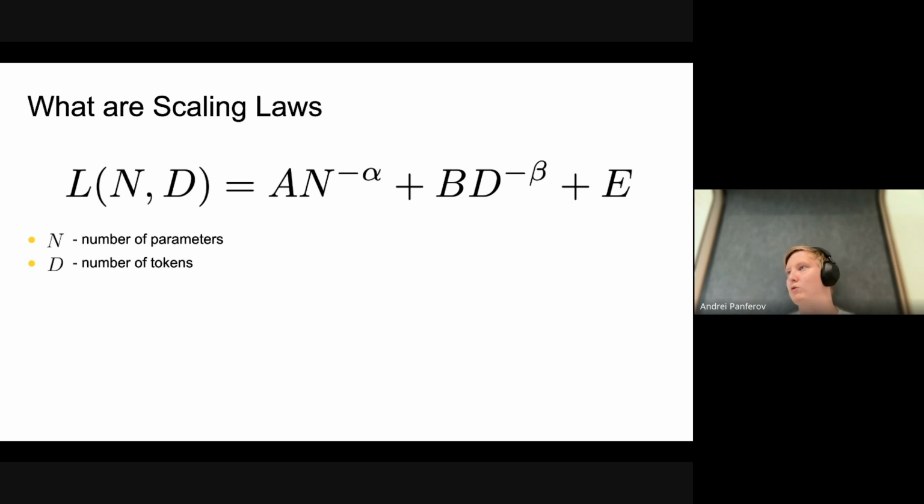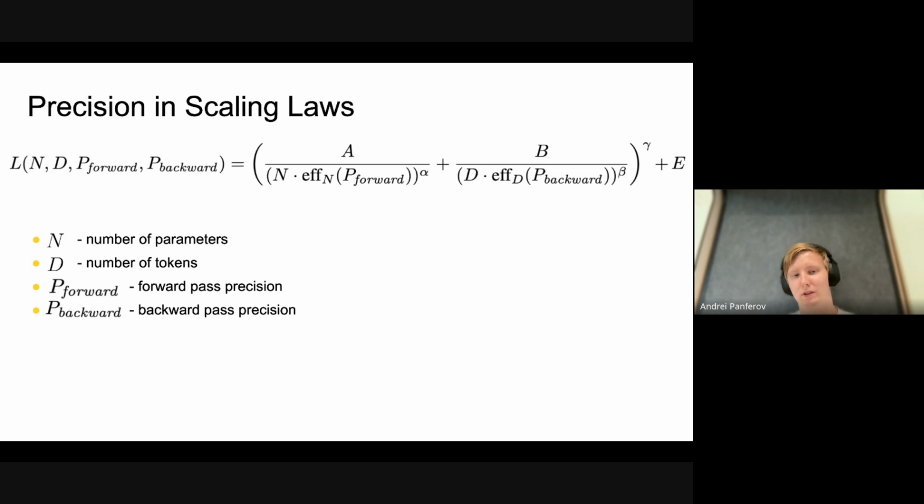Or they were proposed to extrapolate performance and find optimal hyperparameters for training larger models before you actually train them. And here we use the scaling laws to model the effect of quantization and predict the effect of quantization on model training without actually having to train those quantized models.